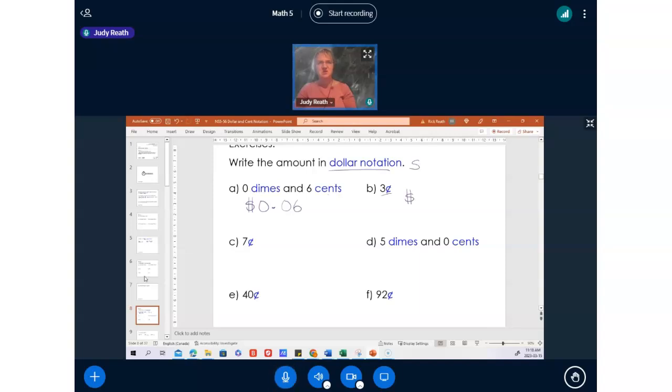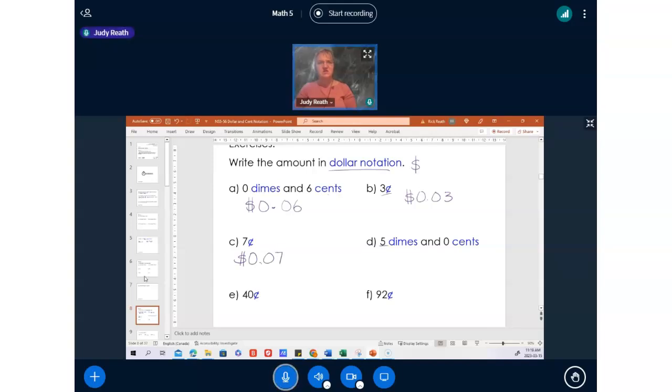Sometimes you'll see the dollar sign with just one line through it. You can do it 1 line or 2 lines. It really doesn't matter. Either way works. $0, 0 dimes, 3 cents. 7 cents, very similar, $0, 0 dimes, and 7 cents.